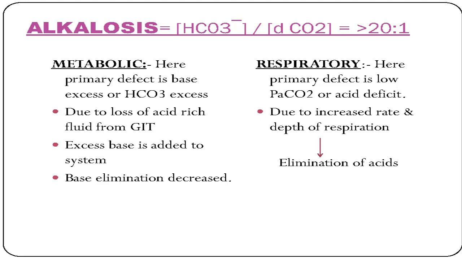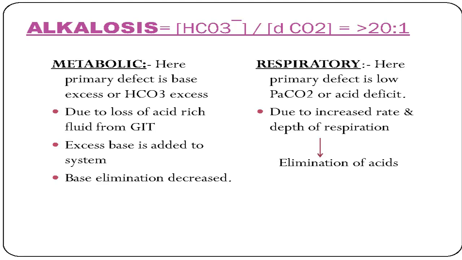So there is a state of loss of acid rich fluid from the GIT. So there will be less amount of acid present in the body. This leads to the relative excess of the alkali in the system. So this may lead to metabolic alkalosis, that is the excess of bicarbonate in the body.